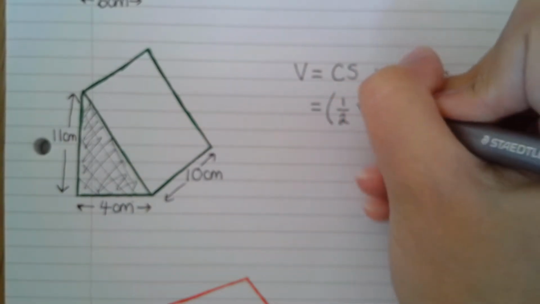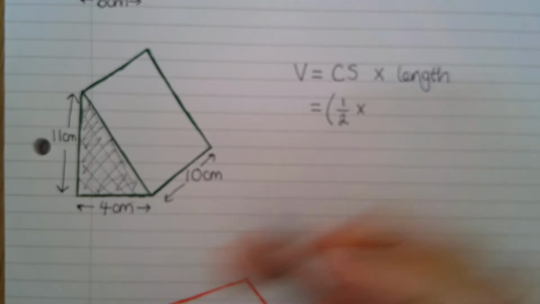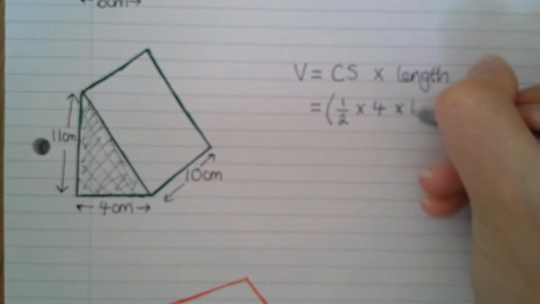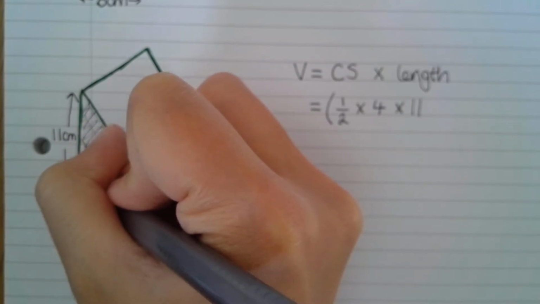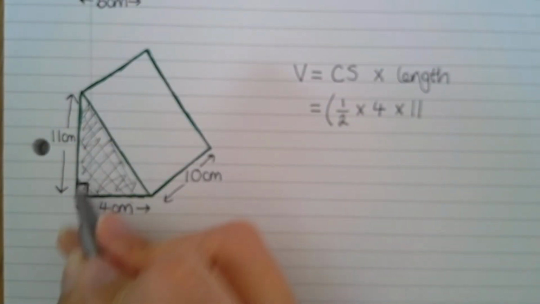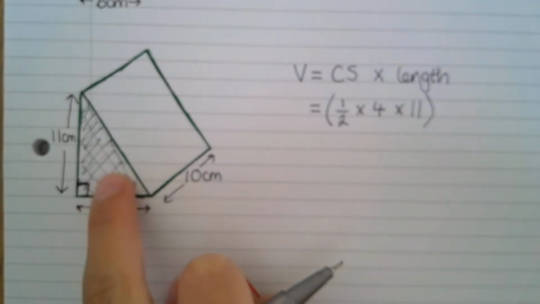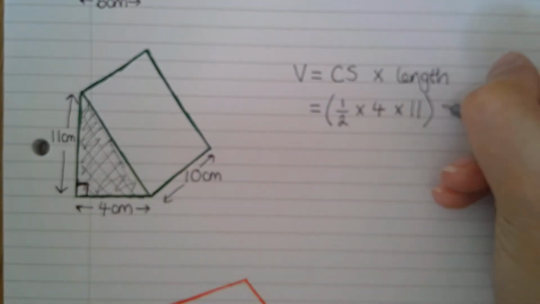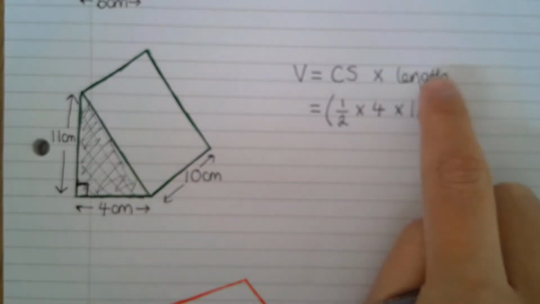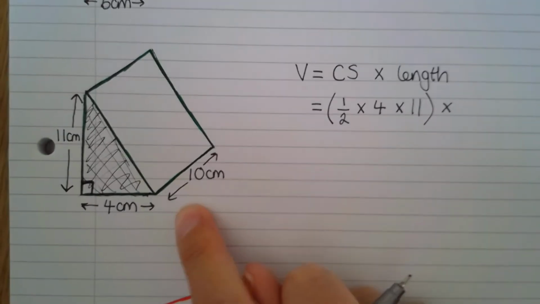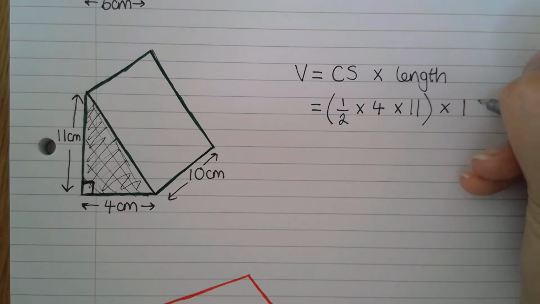So half times my base is 4, my height is 11. Remember these make a right angle, that's how I know that's the base and that's the height. So that's my cross section because that's the triangle, and then I need to multiply by my length to find the volume. My length is 10 centimeters, so multiply by 10.